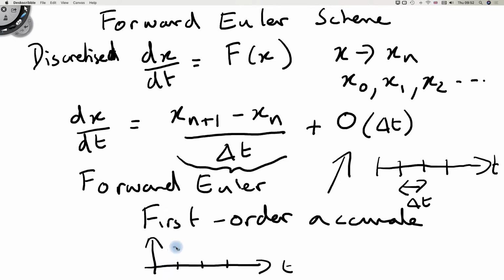So our first value of x would be x0, second one would be x1. More generally, we're looking at xn and xn plus 1. So subscript n is used for the x value, and delta t is our increment in time. It's our time step.